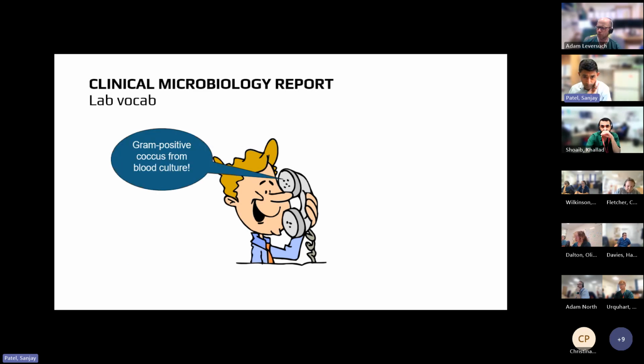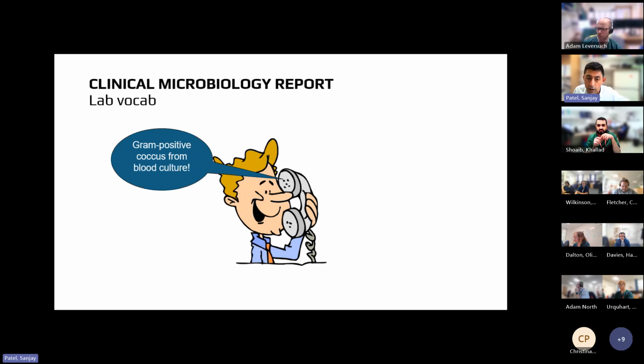Sanjay, I've got this gram-positive coccus from a blood culture. And at that point, that's really important information. But to some extent, you need to understand what that means and how that influences your reflection on what treatment the child has been on. And clearly, this is likely to be within 24 hours, 48 hours, whatever, of the blood culture being taken.